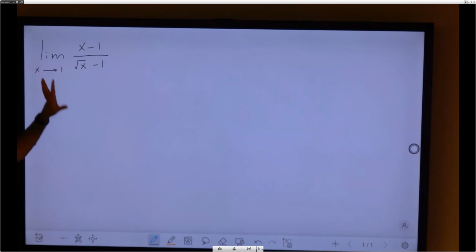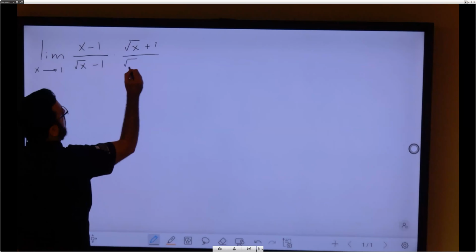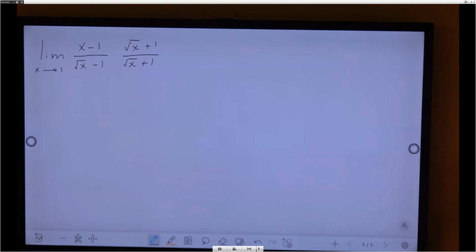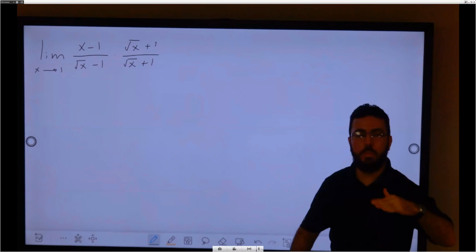And every time you see a radical, the first idea in your mind is maybe I'm going to use the conjugate. Now I have a square root, so I'm going to use the conjugate. I need to rationalize this part, so I'm going to multiply by square root of x plus 1. Rationalize, because the problem always is with the bottom part. When you got 0, it's going to be undefined.